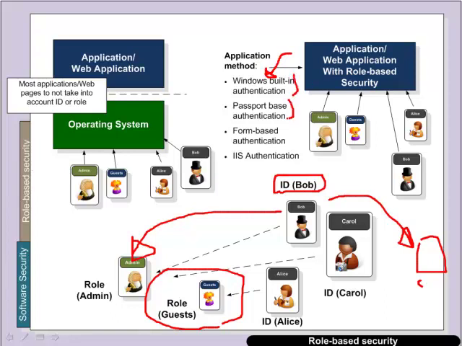We can get Passport-based authentication, such as from Windows Live Passport. Form-based, where we can authenticate a user by them entering a username and password into a form, and then integrated IIS authentication.